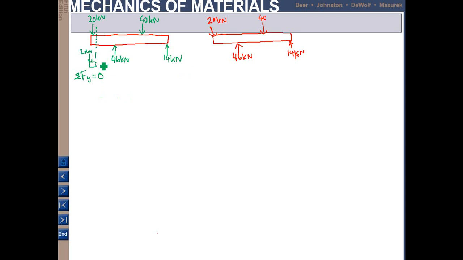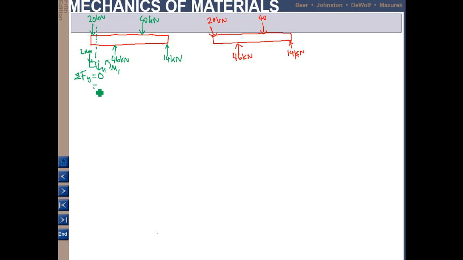The shear occurs here because you cut, you section your beam here. So this is equal to V1. When the shear occurs downward, the moment occurs in this direction, which we call M1. So this is V1. So the summation of forces in the Y direction is equal to 0.